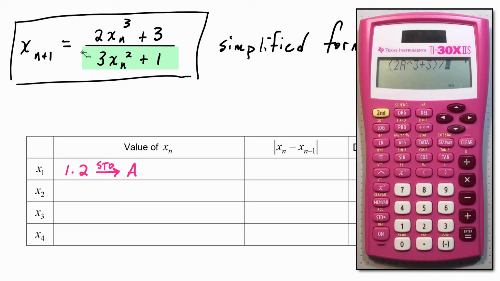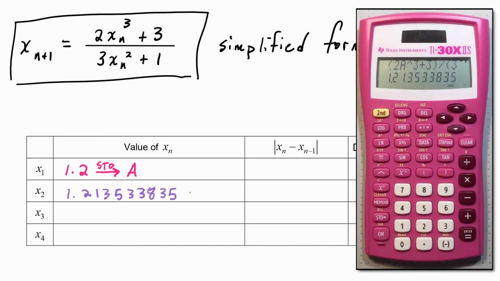So we will need to put that denominator into parentheses as well. So open with a left parenthesis, 3, and then I want memory variable A, and I want to square that, plus 1, close the parentheses, hit enter, and you can see that x2 has become 1.213533835.